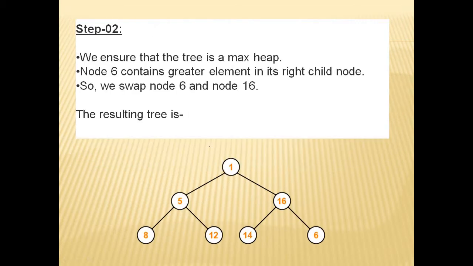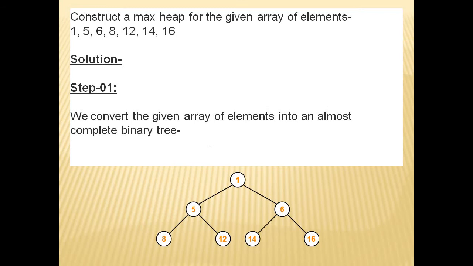First we convert the given elements into a binary tree. The first element will be here, this is the second element, this is the third element, fourth, fifth, sixth, and this is the seventh element.